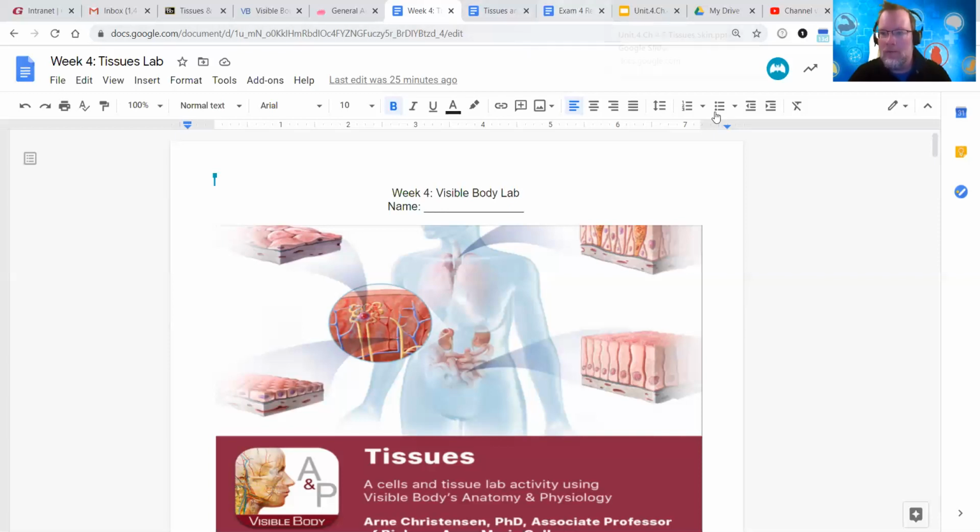So again, if some of this is a bit cumbersome, totally understandable. By week 10, week 12, when we say stratified squamous or pseudostratified epithelium or cilia or goblet cells, you already know it.